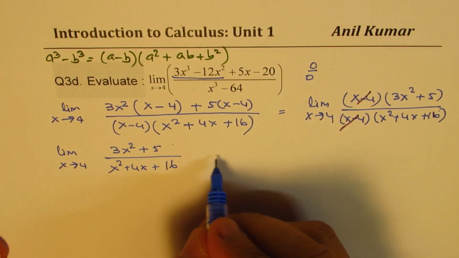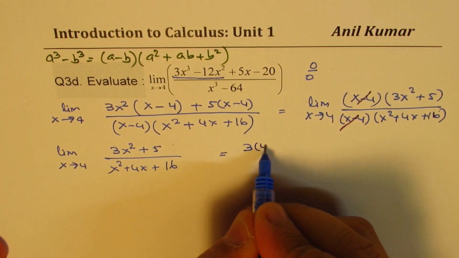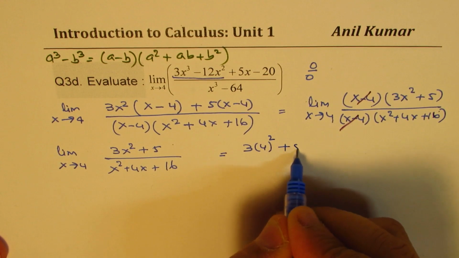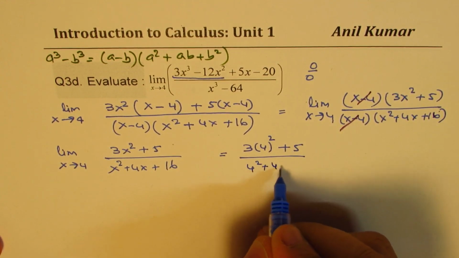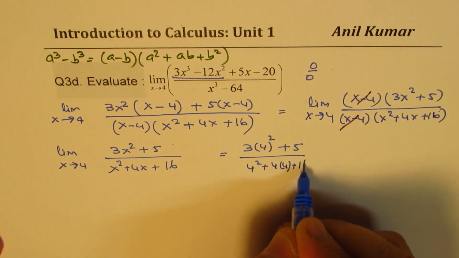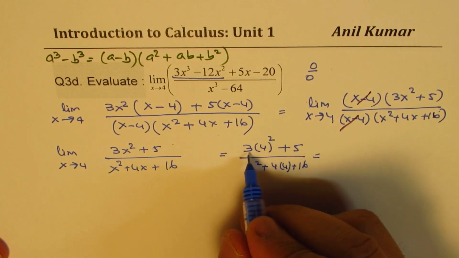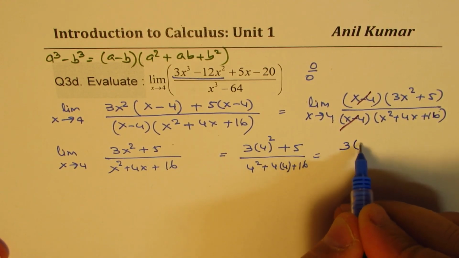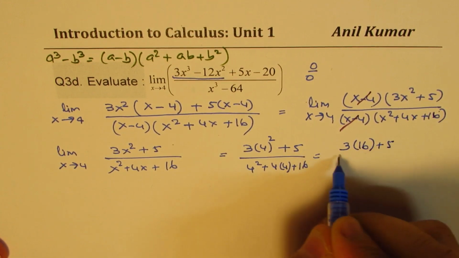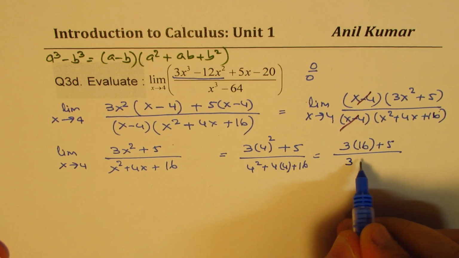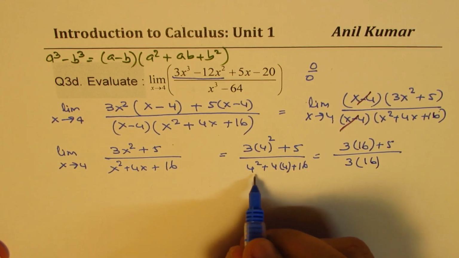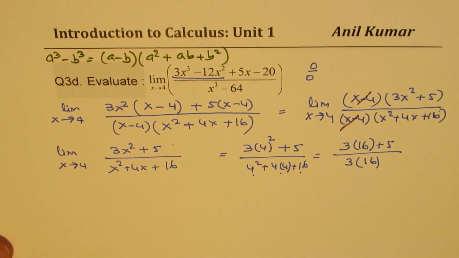So when you substitute 4 here, what do you get? 3 times 4 square plus 5 over 4 square plus 4 times 4 plus 16, right? So this is 16, 3 times 16 plus 5. You can do this math. And we get 3 of these 16s, right? So 3 times 16. This is also 16, 16 and 16, correct? So that's what you get.